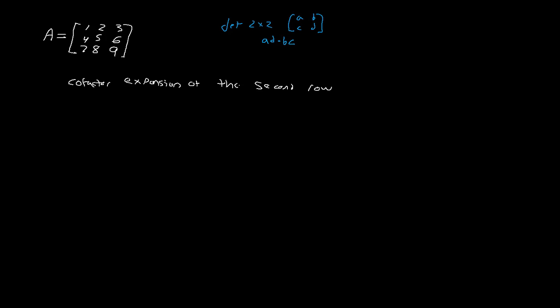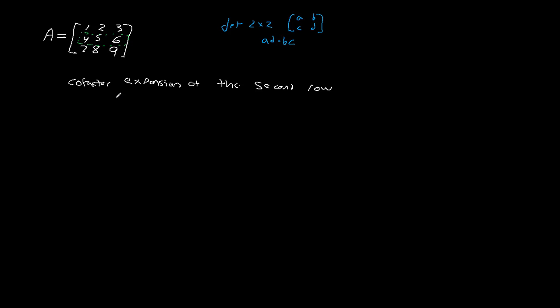Our second row, just to remind everyone what we're looking at, is this row right here. And for cofactor expansion, we're going to write the equation out and then fill in the pieces.